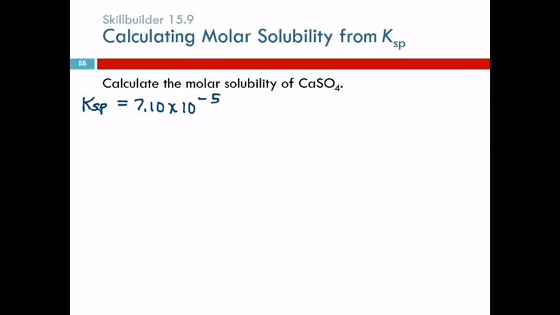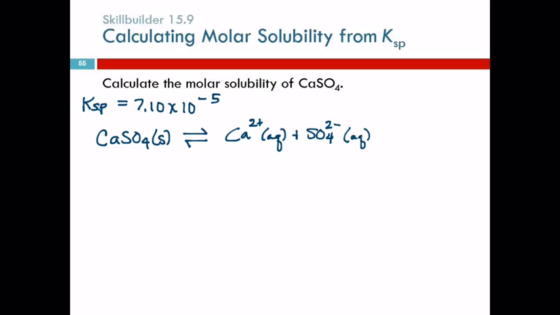So I need to write the equilibrium expression. First, I need the chemical equation. So that's calcium sulfate as a solid, and that's going to be in equilibrium with its ions. It's always two ions. There's calcium, that's aqueous, and there's sulfate. There's just one of each.